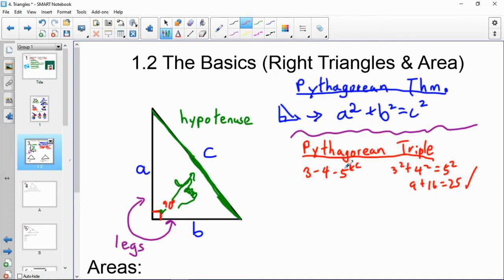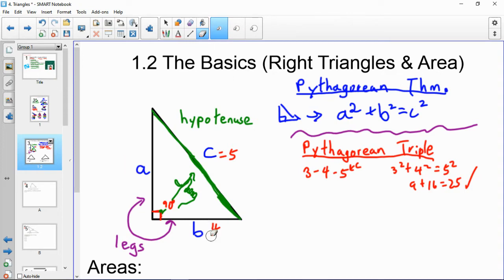Now if I have a right triangle and I have two sides of that triangle and it happens to fit a Pythagorean triple, I can really easily get to the third side if I just memorize the Pythagorean triples. And that's a really nice tool to have.